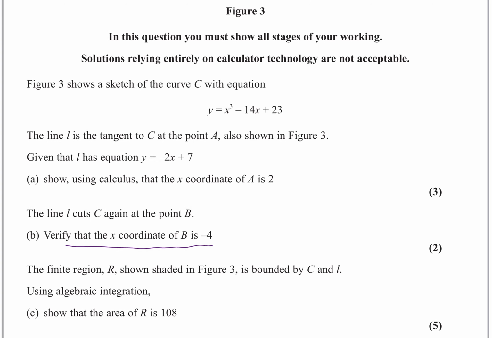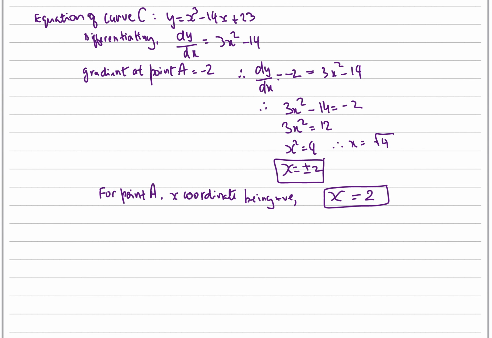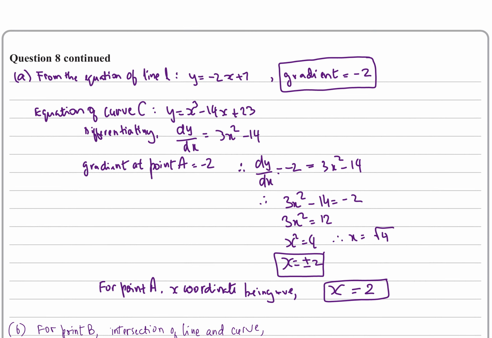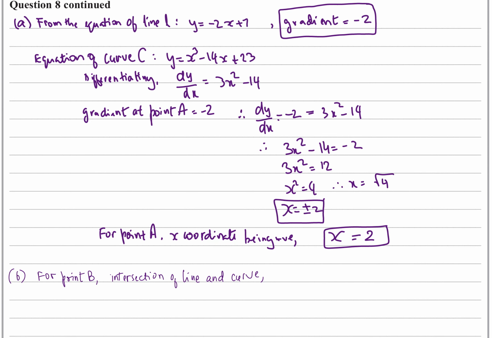So for part B, the intersection of the line and the curve at point B.